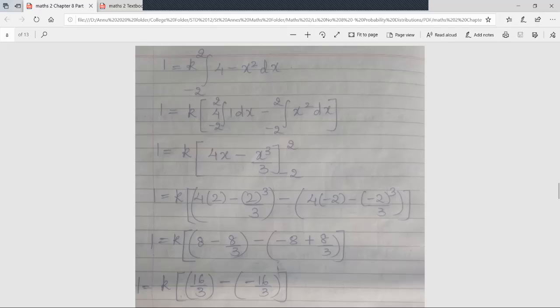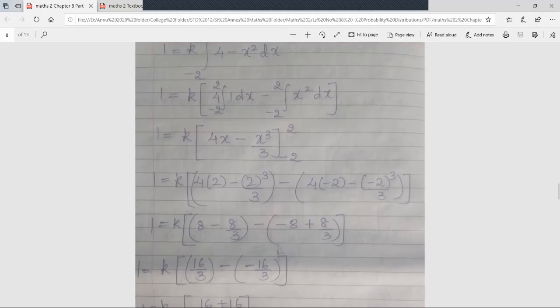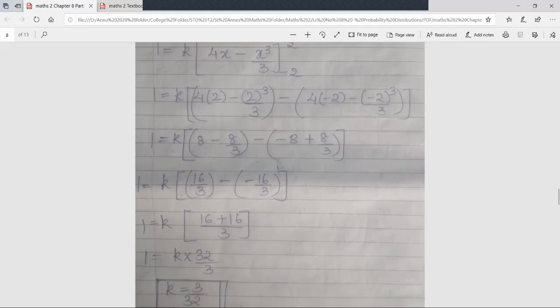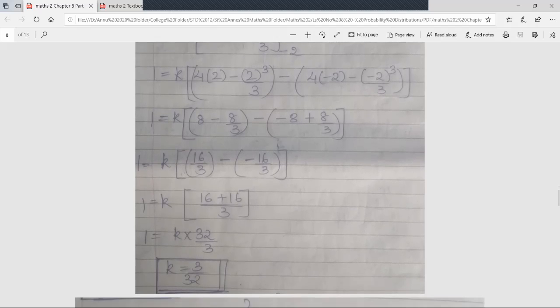Now first we'll put the upper limit in both the x's, that is 4 into 2 minus 2 cube upon 3, minus, now we'll put the lower limit, 4 into minus 2 minus minus 2 cube upon 3. So on solving you get 8 minus 8 upon 3 minus, again open a bracket, minus 8, minus into minus plus 8 upon 3. Now I will rationalize the denominator and cross multiply. So you will be getting 8 3s are 24, 24 minus 8 will give you 16 by 3.